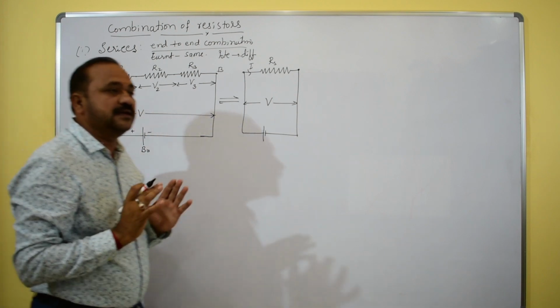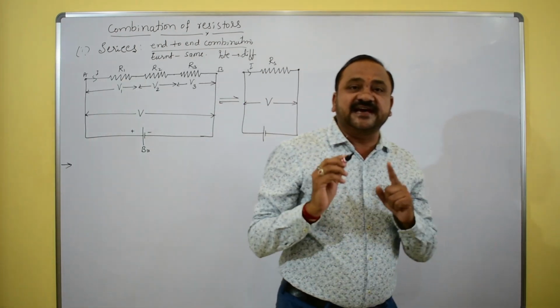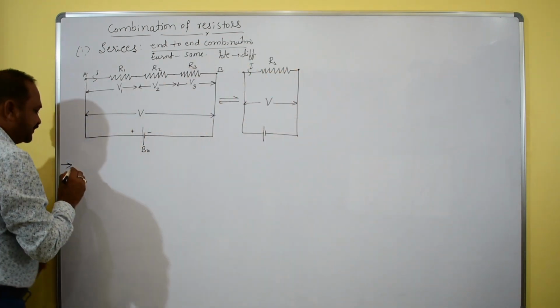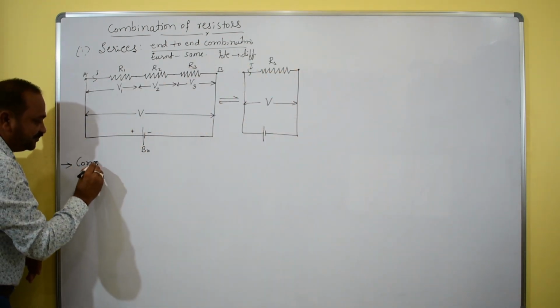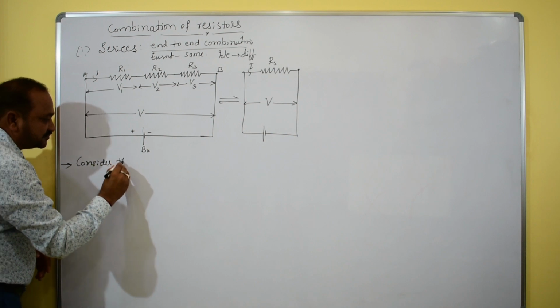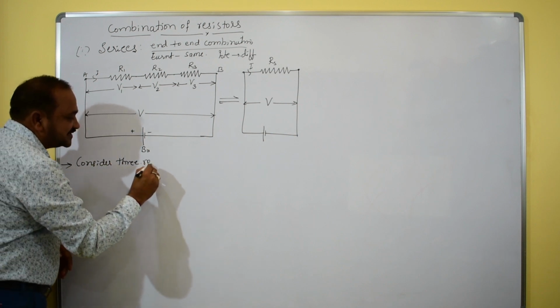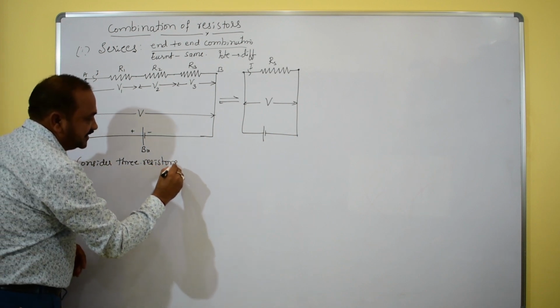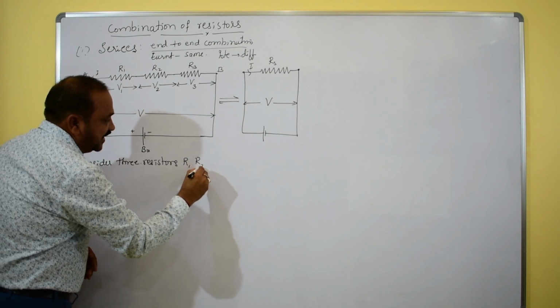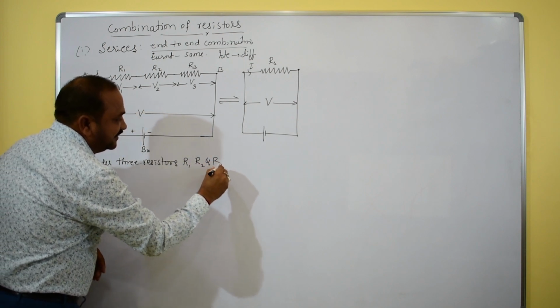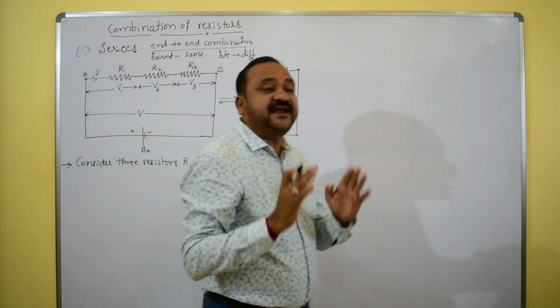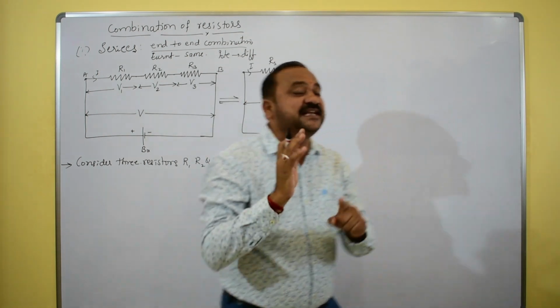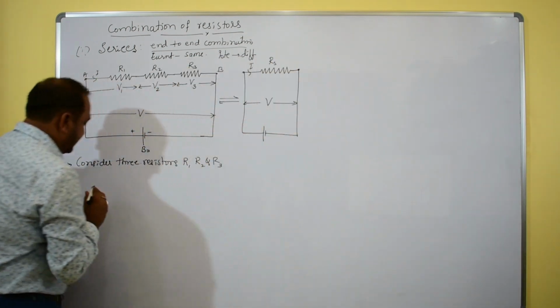In this case, the first point I am supposed to know: consider three resistors. It's a very simple concept. Resistors R1, R2 and R3 are connected end to end in series.